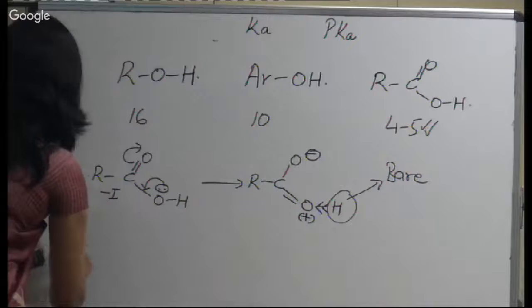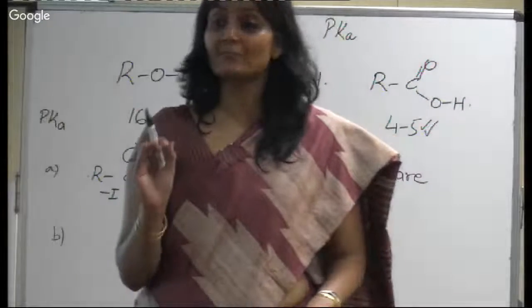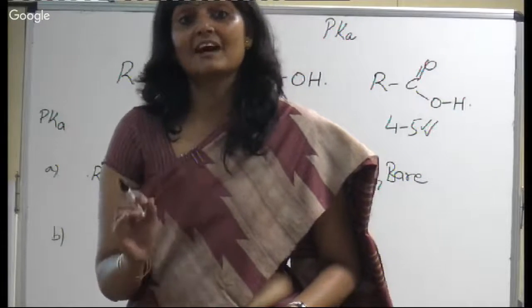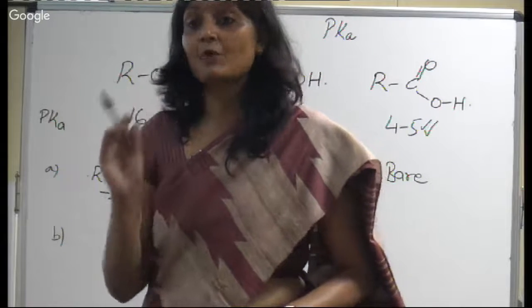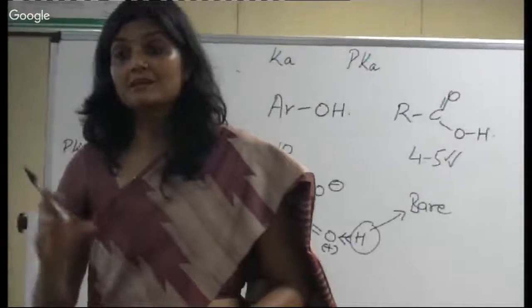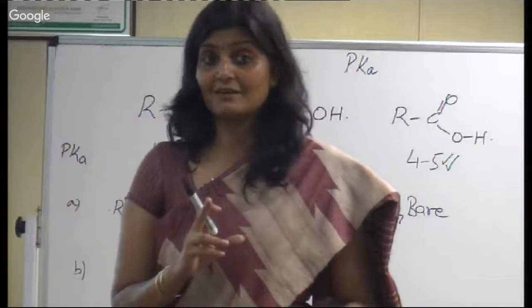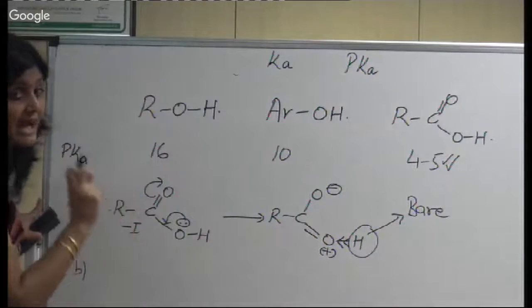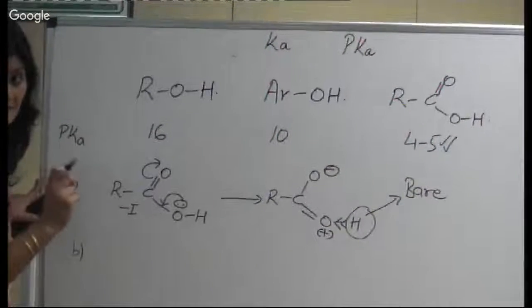Please always remember, whenever you talk of the acidity or basicity of a compound, the stability of the conjugate anion or cation is very, very important. If you are talking of acidity of carboxylic acids, the stability of conjugate base. Similarly, if you talk of basicity, the stability of conjugate acid is very, very important, right? Now, when the carboxylic acid exhibits acidic character, the corresponding anion formed will be the carboxylate ion, right?